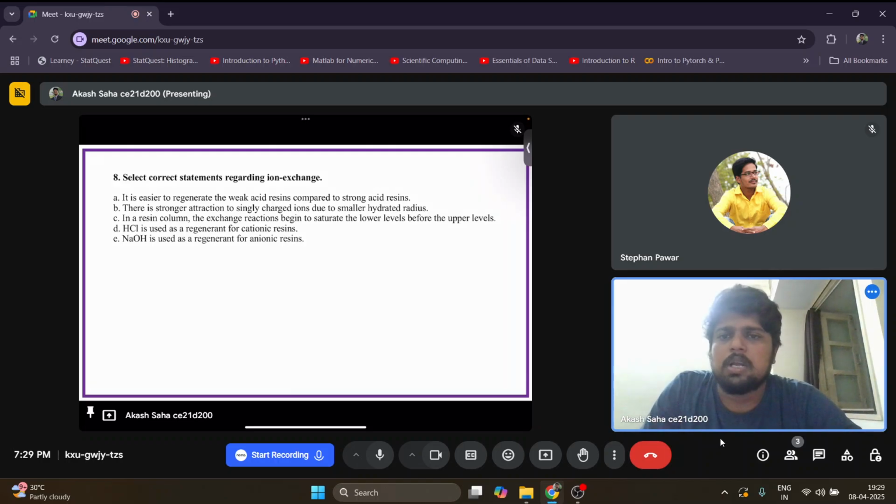Now it is talking about the ion exchange process. We have five statements here. You have to tell me which ones are the correct statements. The first one says it is easier to regenerate the weak acid resins compared to the strong acid resins. There is a stronger attraction to singly charged ions due to smaller hydrated radius. In a resin column, the exchange reactions begin to saturate the lower levels before the upper levels.